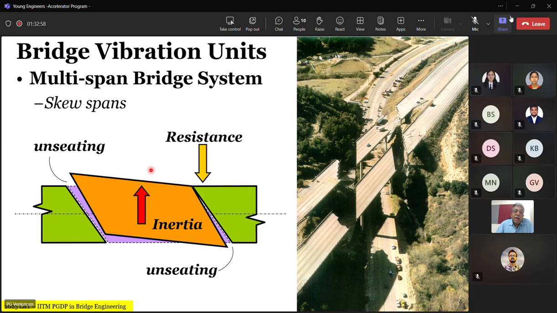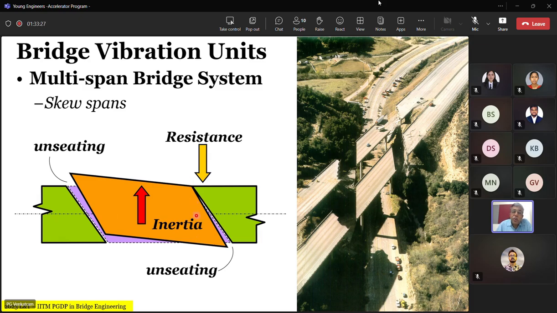Okay. Now the issue with the bridge vibration unit is also compounded if you have a skew span. When you have a skew span, the inertial mass distribution is not uniform. When you have a right bridge with a multi-column solution, most of the time your inertial mass is nearly equal for each of the columns supporting it.